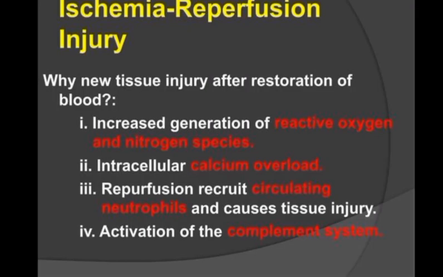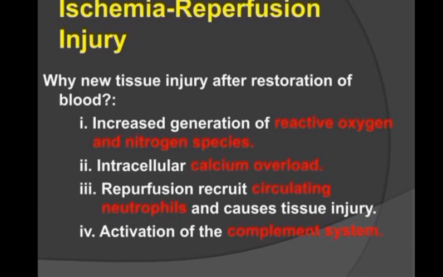Why is there more injury after restoration? Because in reperfused cells there will be more oxygen. This extra oxygen combines with electrons and forms reactive oxygen free radicals, which further damage the membrane, DNA, and proteins.